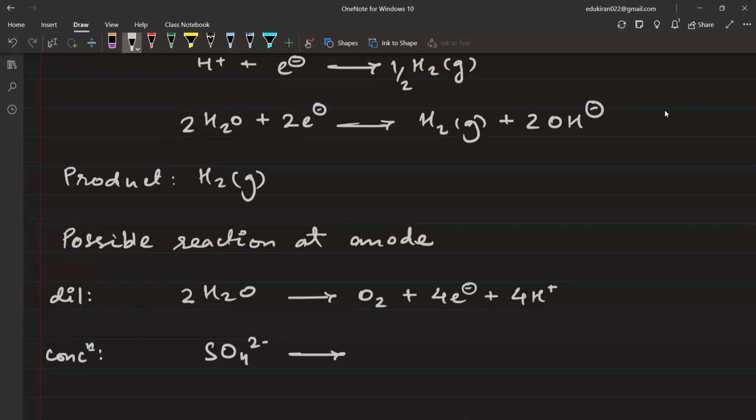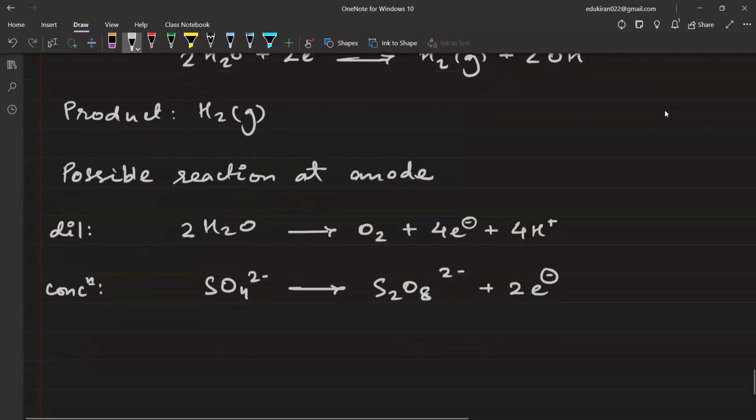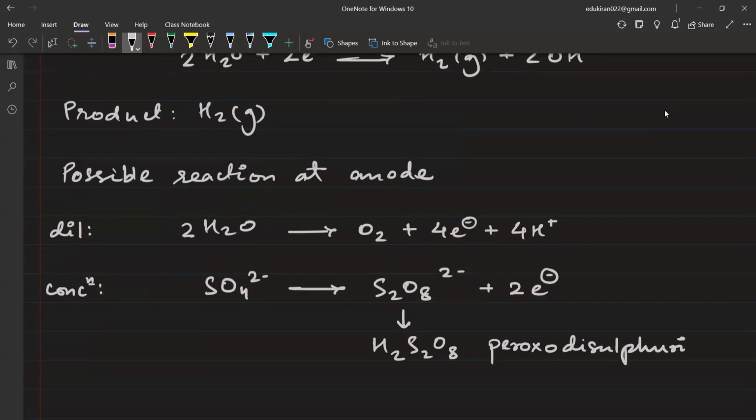SO4 2 negative, it is going to give you S2O8 2 negative plus 2 electron, and this will further convert itself to H2S2O8. इसको बोलते हैं पर ऑक्सो डाइसल्फ्यूरिक एसिड। So in dilute condition what is the product? O2 is my product, and at concentrated solution peroxo disulfuric acid is my product.